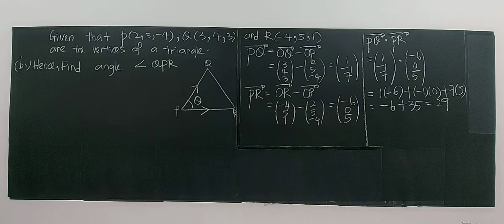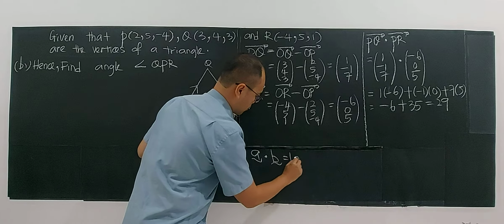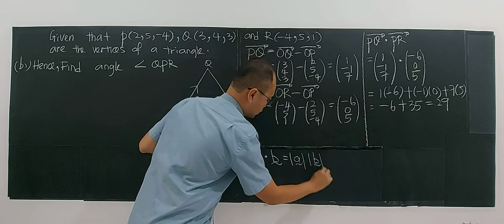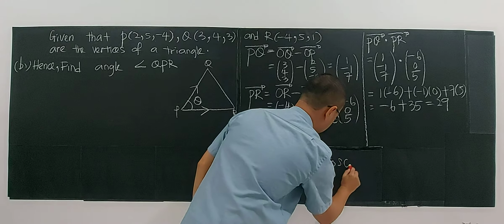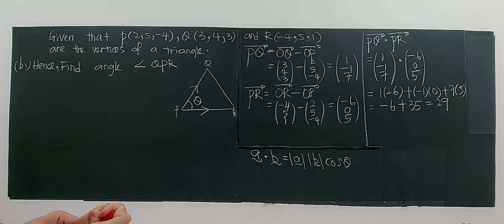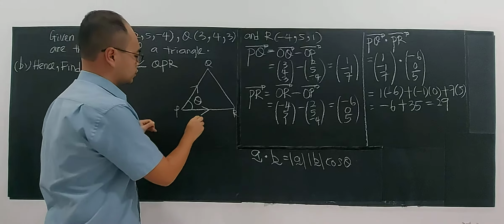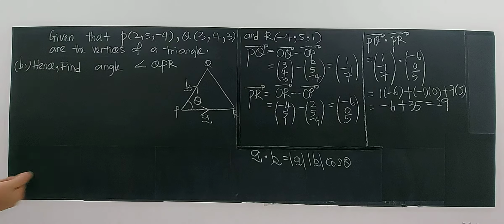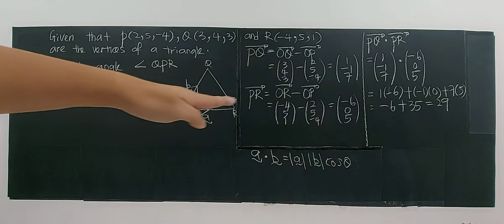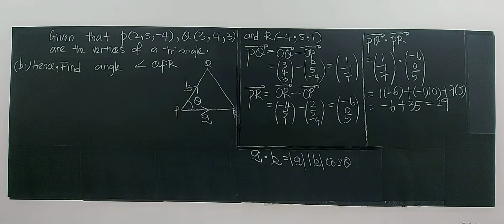We want to apply the definition of the dot product, which is A dot B equals the magnitude of A, magnitude of B, cosine theta. Here A is PQ and B is PR.